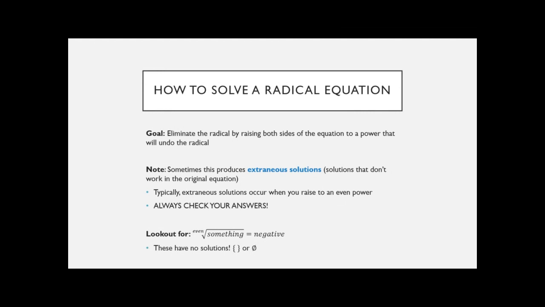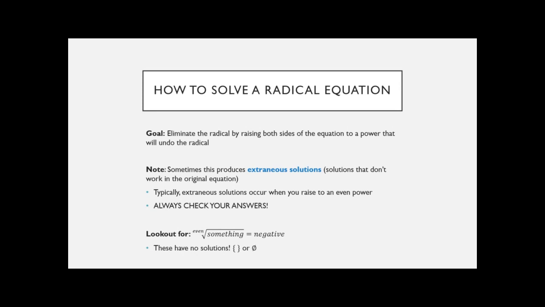So you always have to check your answers with radical equations. Just like rational equations, which are fractions, sometimes you'll get answers that don't work. When solving quadratic or linear equations, that does not occur, so it's not as important to check your answers, but it's super important for radical equations.